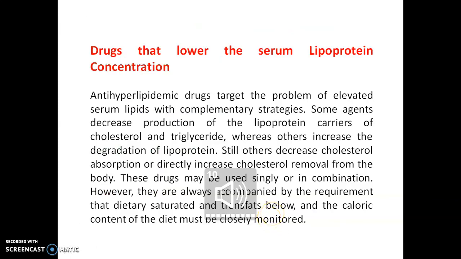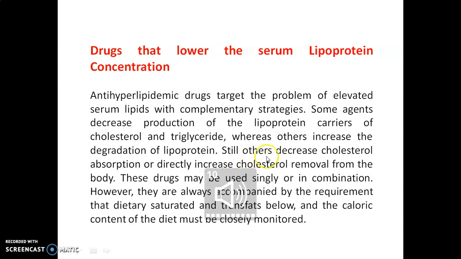These are drugs that lower the serum lipoprotein concentration. Antihyperlipidemic drugs target the problem of elevated serum lipids with complementary strategies. Some agents decrease production of lipoprotein carriers of cholesterol and triglyceride, whereas others increase the degradation of lipoprotein.